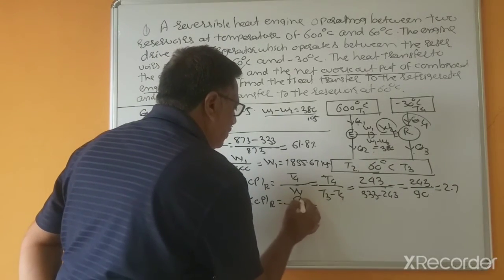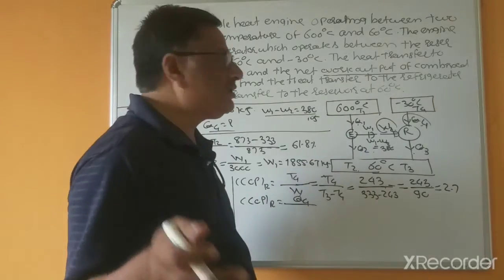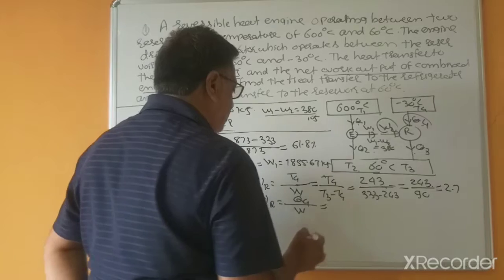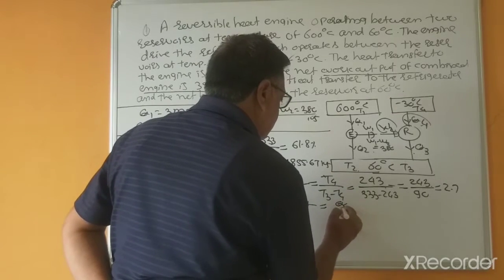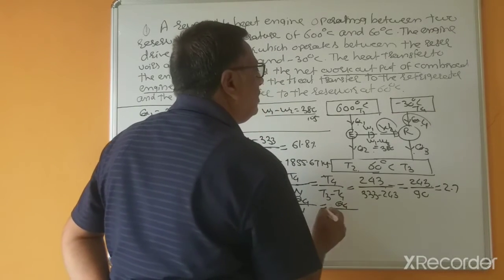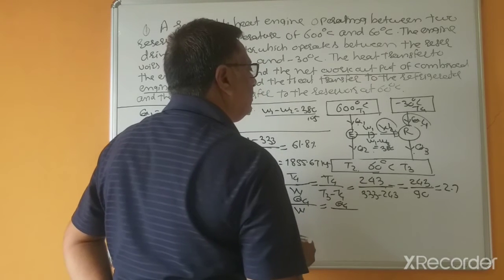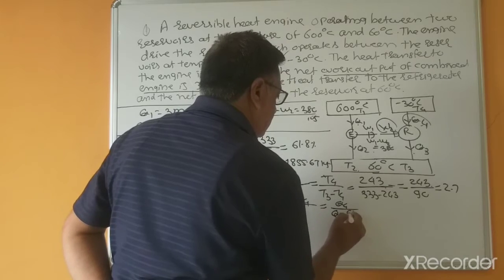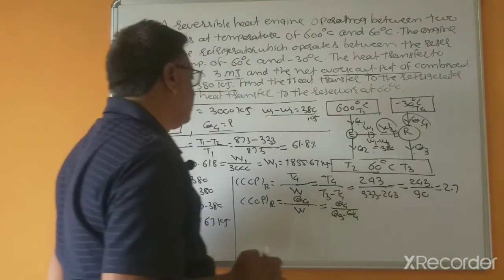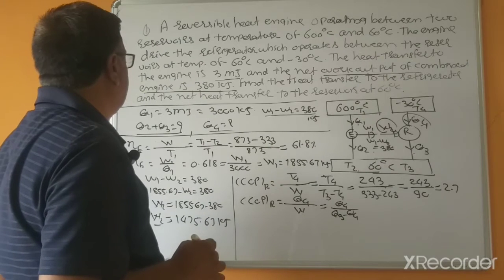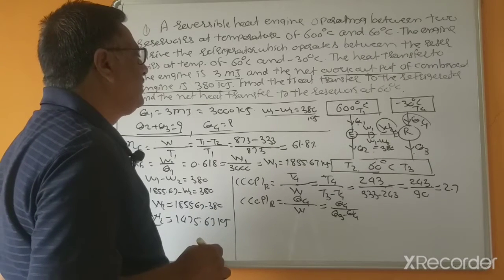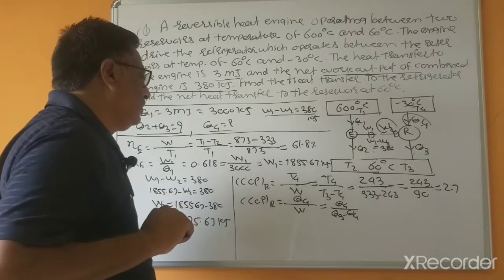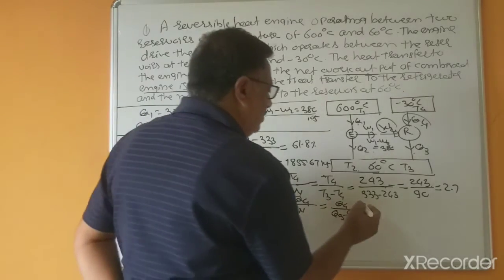So that's why that is output, Q4, or what we are spending, this is W. COP equal to Q4 divided by W, we can write Q3 minus Q4. This is clear? Q3 minus Q4, here two unknowns, and this COP equal to 2.7.